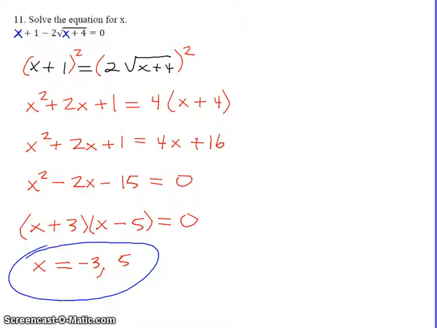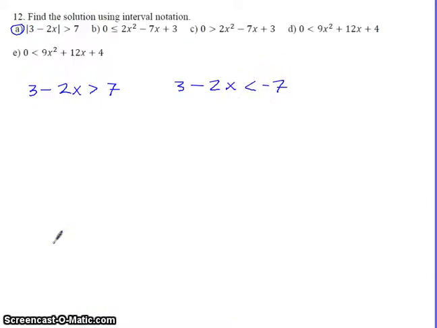All right, next one. Okay, so part A, we have absolute value with an inequality, and really the fast, easy way of approaching these is rewrite the inequality without the absolute value, and then flip the inequality sign and change the number that's not with the absolute value to a negative, and you'll end up getting your right answers.